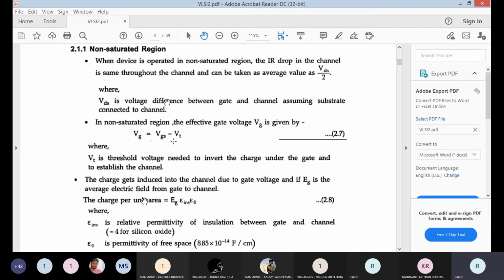If VGS is 5 volts, you get some 10 electrons. If VGS is 10 volts, you get 20 electrons. VGS is nothing but gate to source voltage. So VGS will increase carriers in the channel, but only above threshold voltage, because the minimum voltage required to establish the channel is VTH. Whatever you apply more than threshold voltage will increase the channel concentration. That's why your VG is nothing but VGS minus VT.